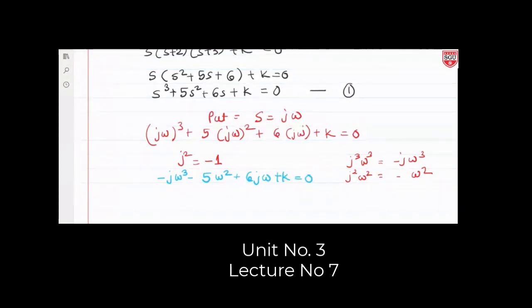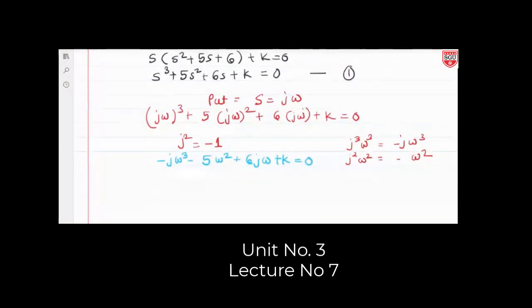Now in this case, we have to club together imaginary parts and real parts. Here this contains j omega, this contains j omega. These two are the imaginary parts.